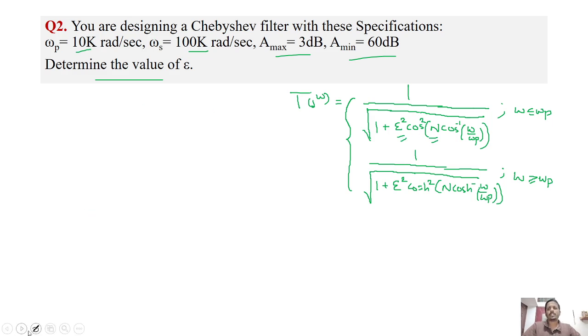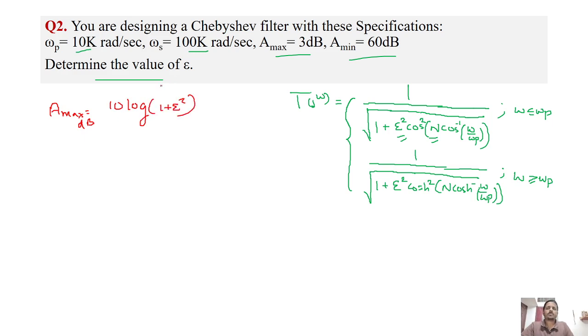So how will we find it? From the previous question itself we could find what A max is directly. A max is in dB, so it is 10 log of 1 plus epsilon square.